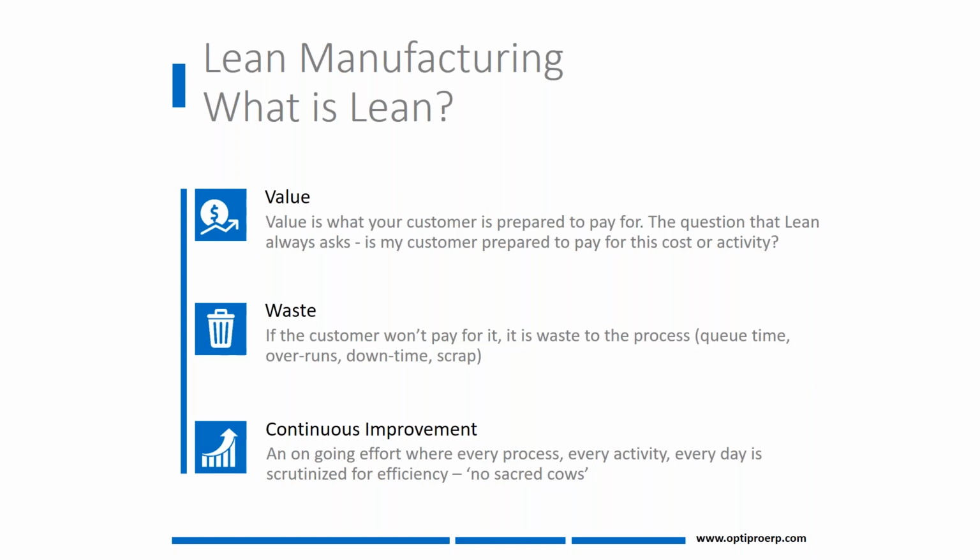And value, by definition, is what your customer is prepared to pay for. Obviously, the customer is paying for a product and the functionality of that product. But what sits behind that is how we manufacture that product, how we deliver that product, and what the processes are by which we do it. Value is only what the customer is prepared to pay for.